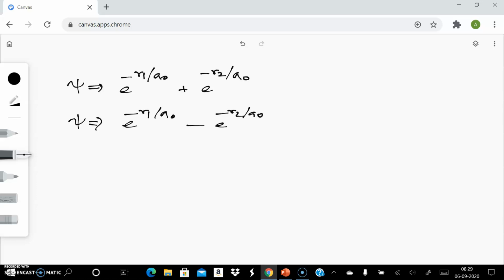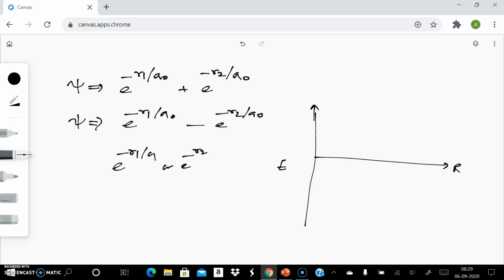Now if you analyze the energies of these, suppose we plot energy versus the internuclear distance, R. For this simple wave function e power minus R1 by a naught, or e power minus R2 by a naught, just for our understanding purpose, I will take this as psi1, this as psi2 and this as psi3.